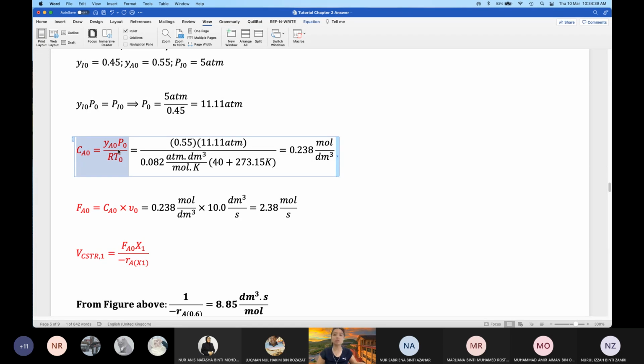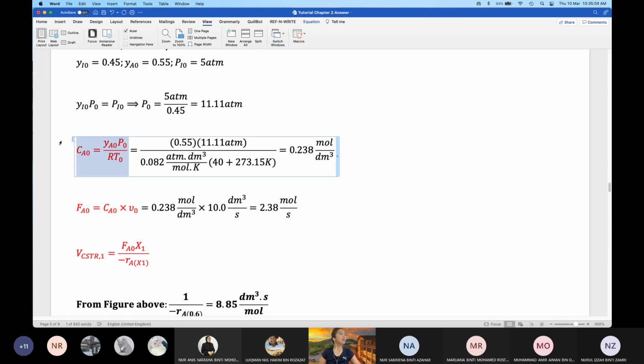Okay, so CA0 equals dengan, sama je konsep, sama dengan YA0 P0 per RT0. Okay, as I told you, tekanan tu nak cari untuk A, dia mesti kepekatan A, that pressure must be from A. Kalau dia beri kita total pressure multiply dengan mole fraction A. Kalau dia beri kita terus pressure A, terus guna pressure A divide by RT0.